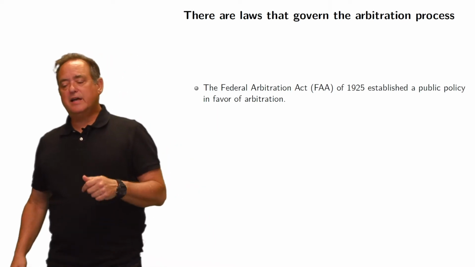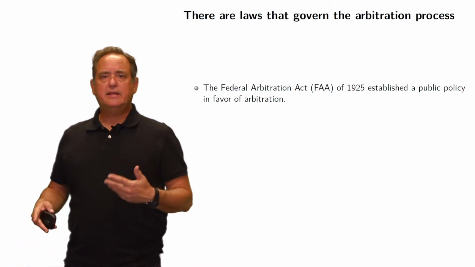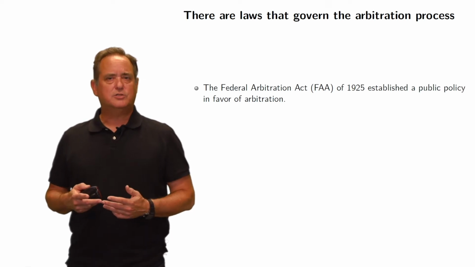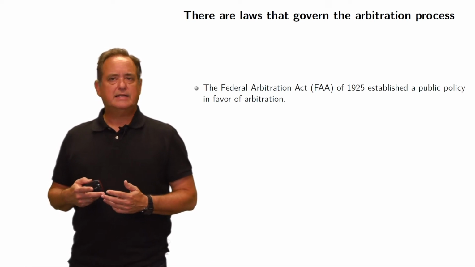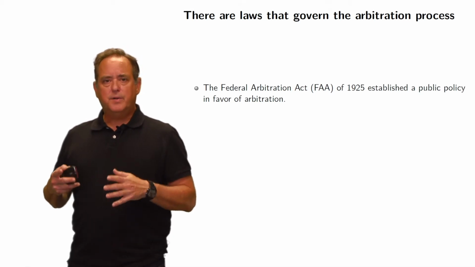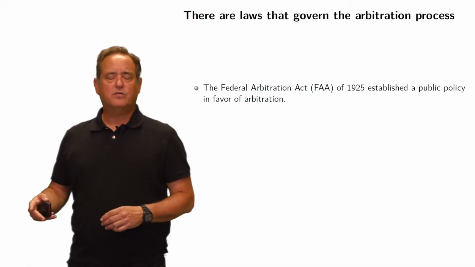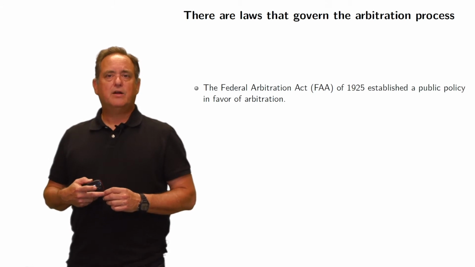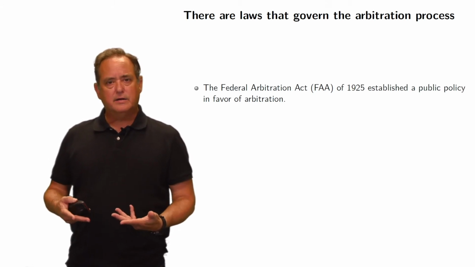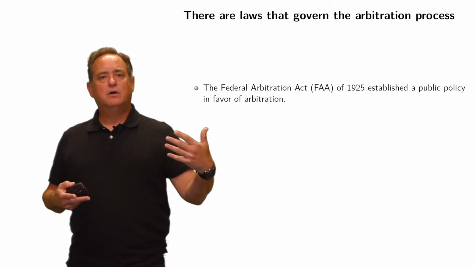Now, there are laws that govern the arbitration process. In the United States, all arbitrations are subject to what's called the Federal Arbitration Act of 1925. And this act established what we call a public policy in favor of arbitration, meaning courts are ordered, they are required to favor arbitration.